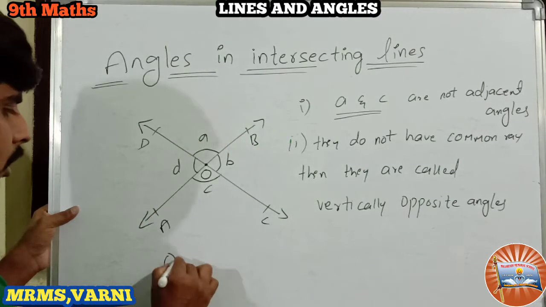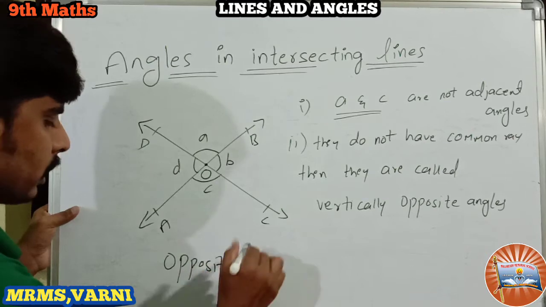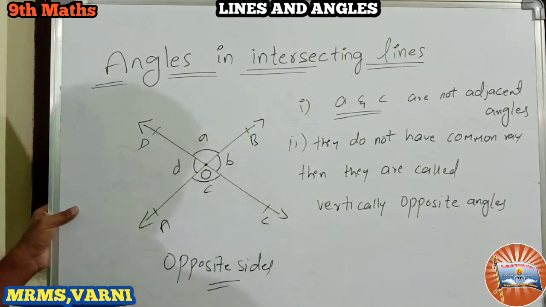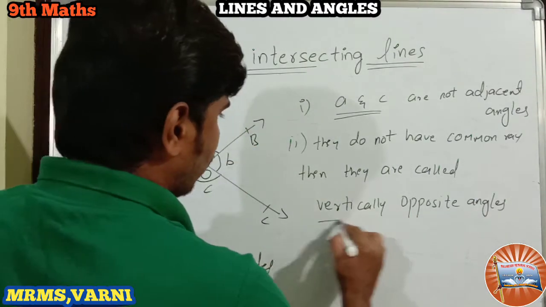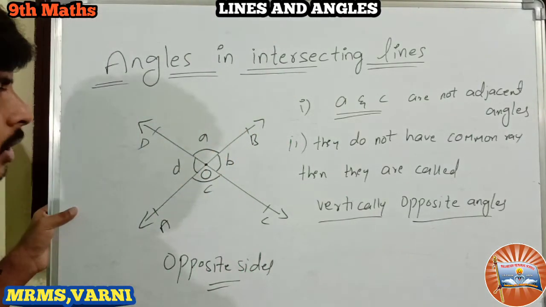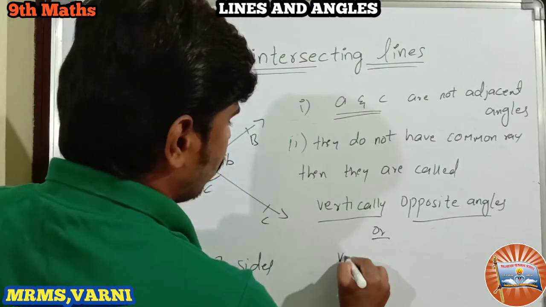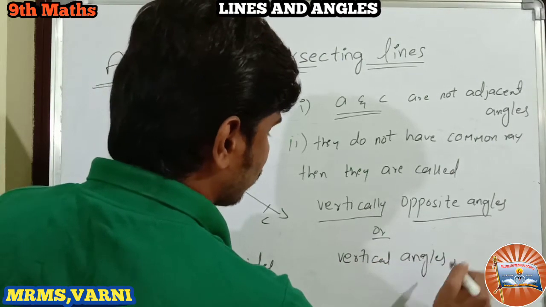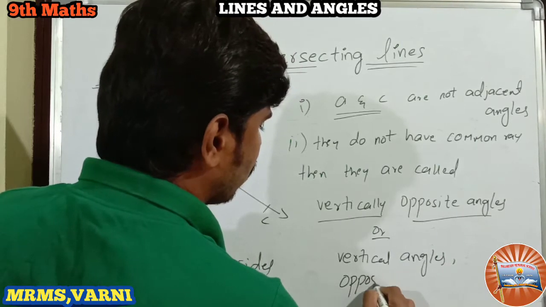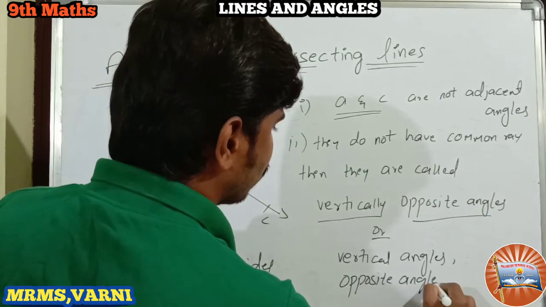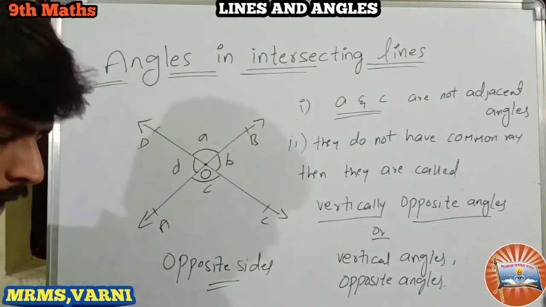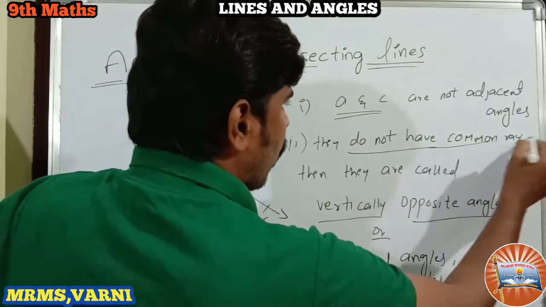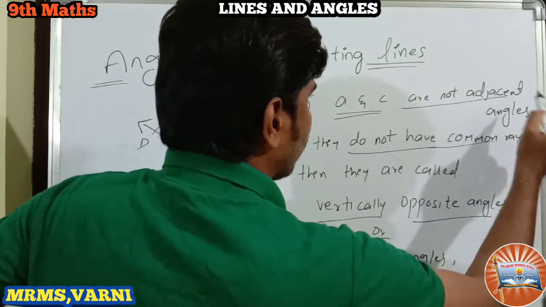If you see this, A and C are opposite angles, because they lie on opposite sides. They are called vertically opposite angles; generally we call them vertical angles, and sometimes opposite angles also. When do we say they are vertically opposite angles? Remember the two conditions: they do not have a common ray, and they must not be adjacent angles.